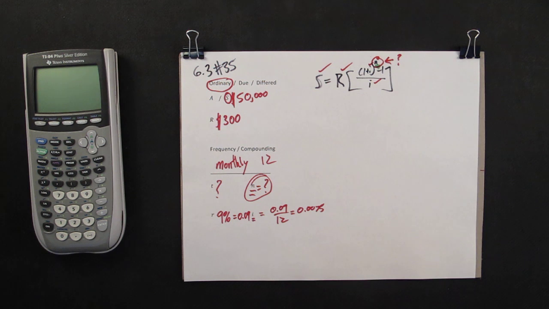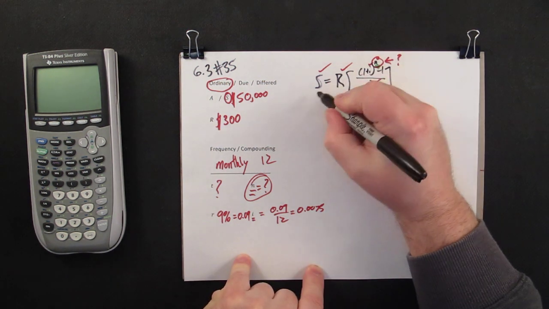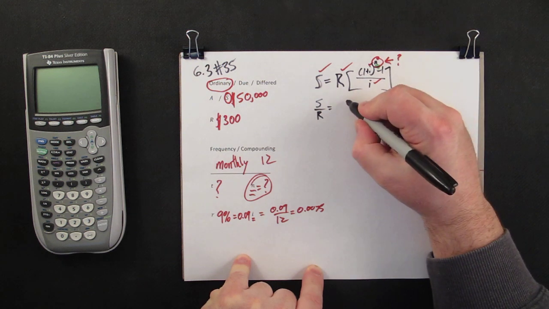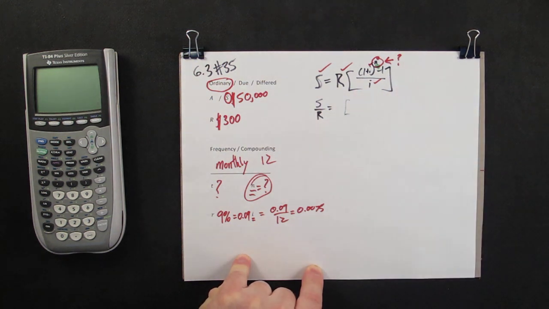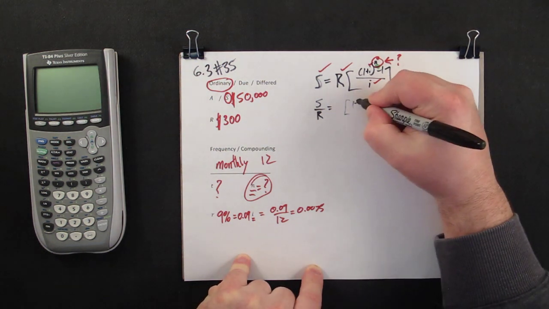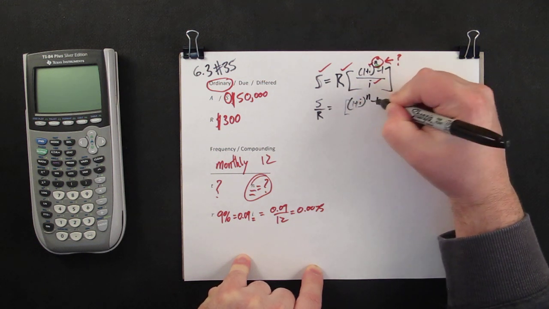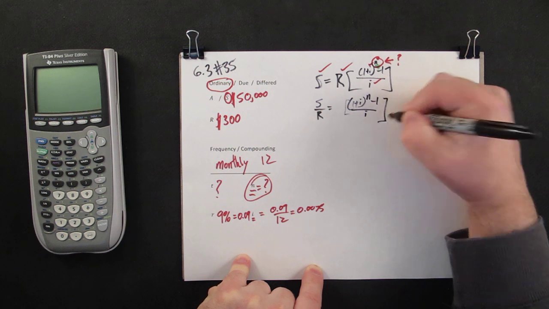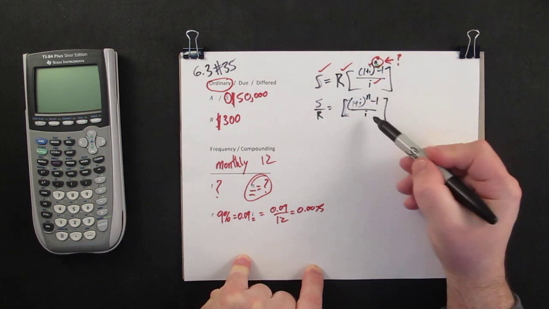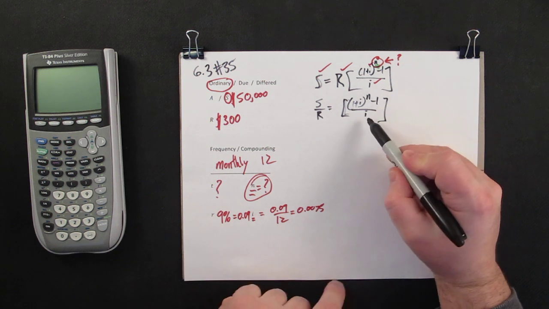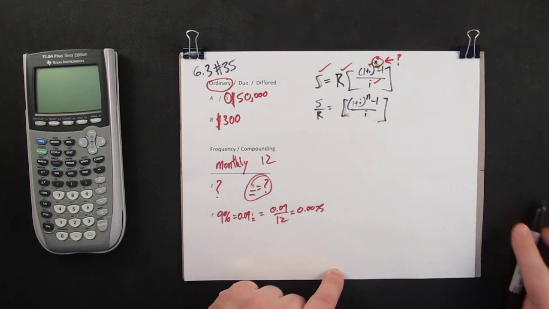So first step is divide through by the payment. That gives the following. Okay, so that's just the growth term from the geometric series. Now multiply through by i to have it cancel there.